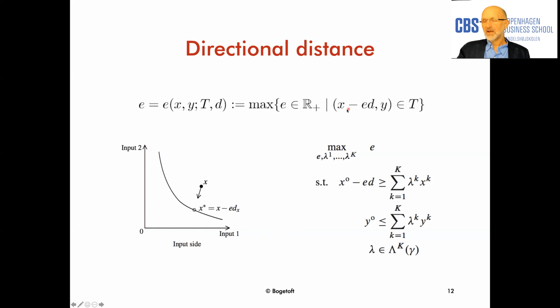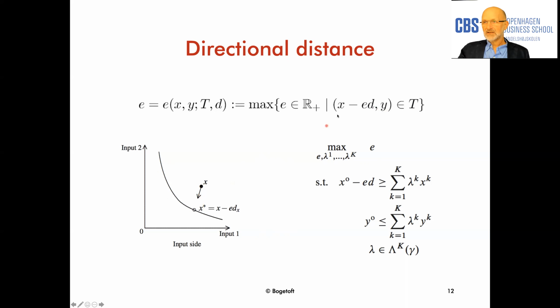And then you say, okay, I want to find the largest E such that the inputs that are left, that is the original input minus E times the direction in which I would like to move, are able to produce Y. Here I have a one input, one output illustration. I have my observation here. This arrow indicates the direction in which I would like to move.